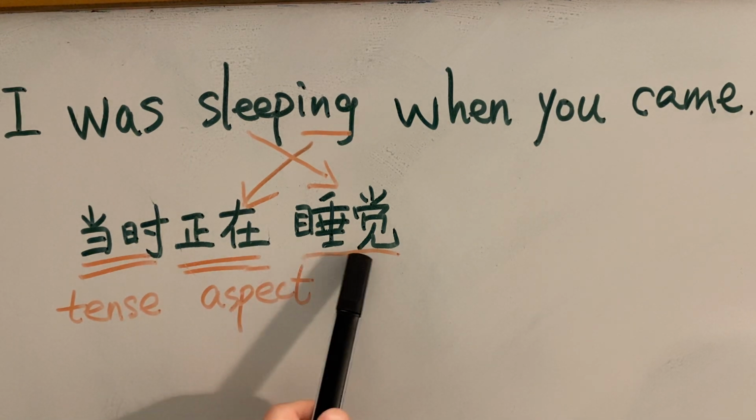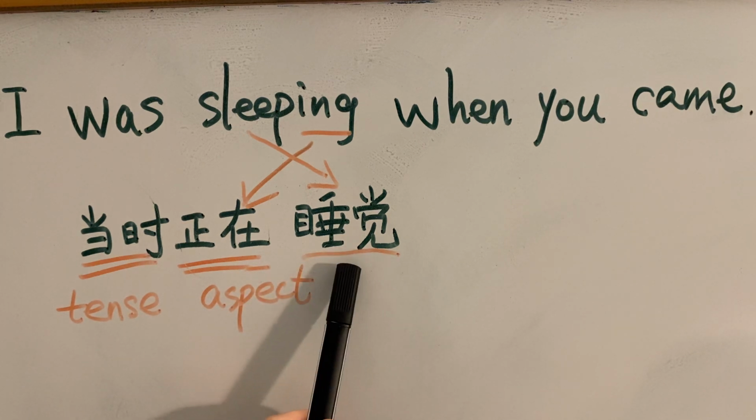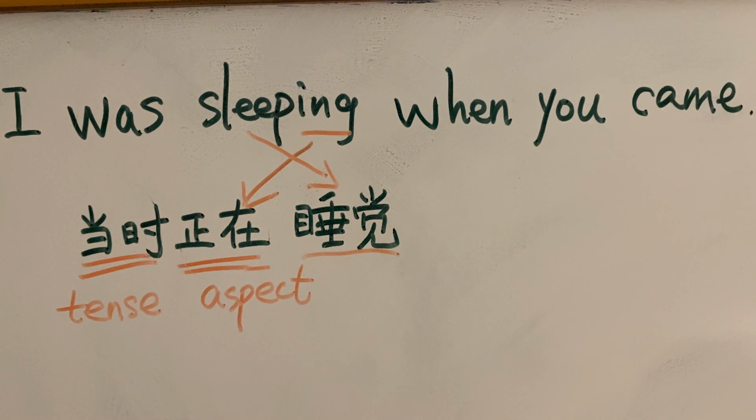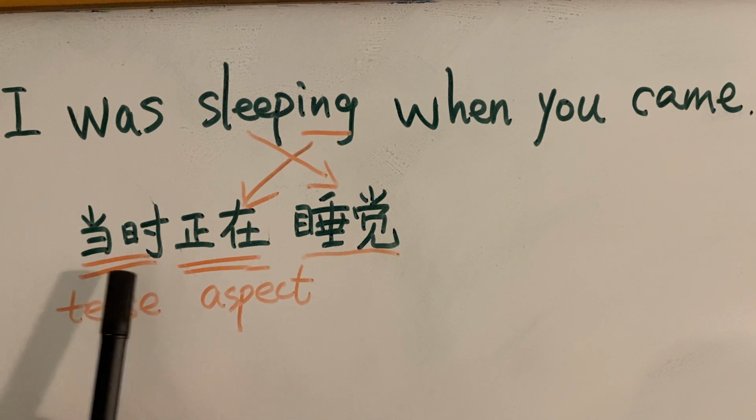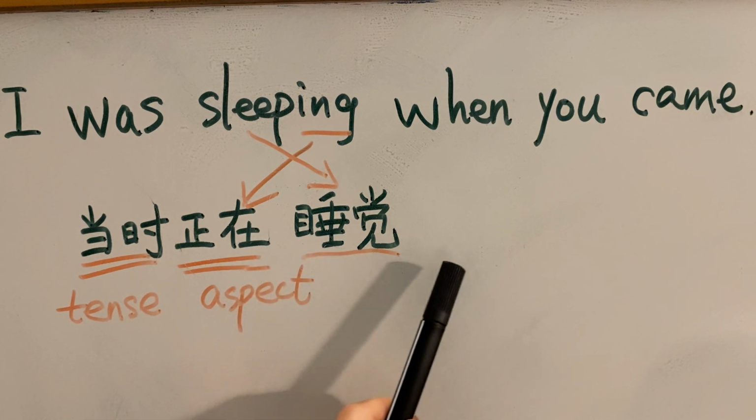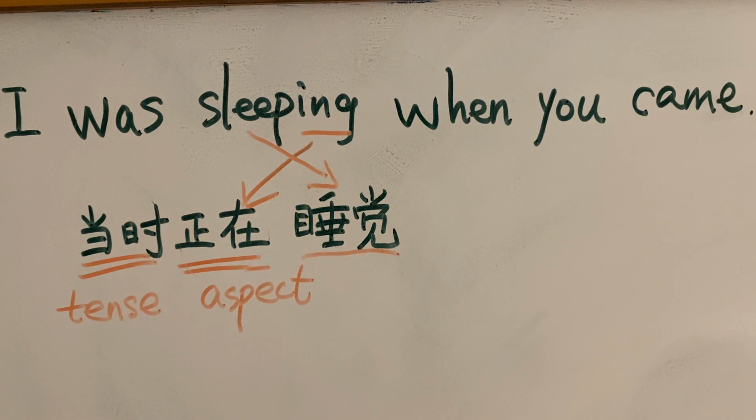The verb is the same, 睡觉, to sleep. So we can say this sentence as 我当时正在睡觉，你进来了. 我当时正在睡觉 means I was sleeping.